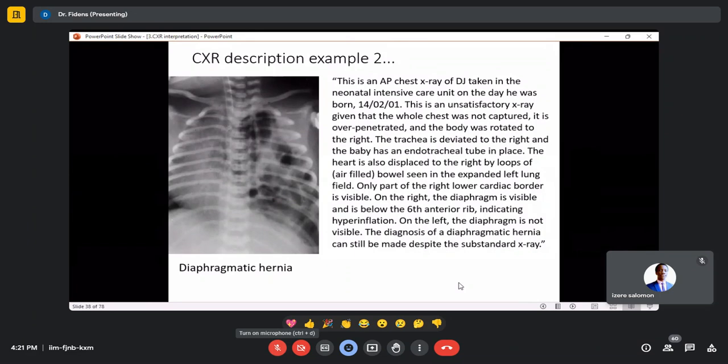Can you see that it was a child? So what are you seeing?